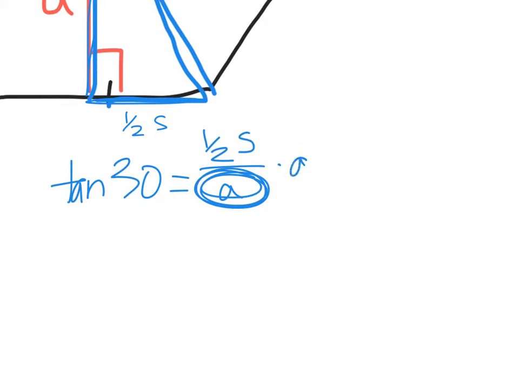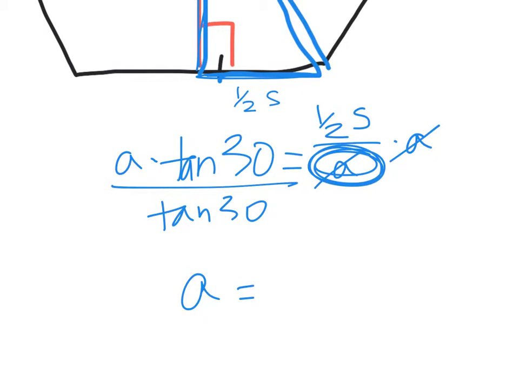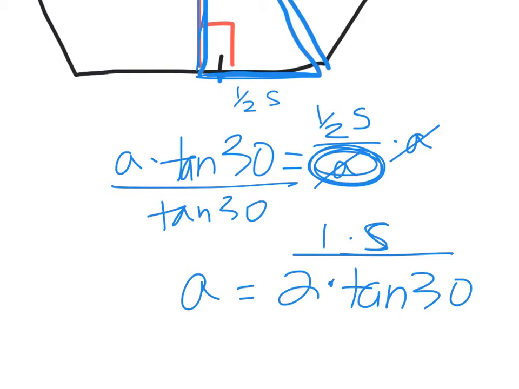So we always multiply by the denominator, which moves the A to this side, and then I'm going to divide both sides by the tangent of 30, and find that the apothem is 1/2 times, so we're dividing also by the tangent of 30, times the side length. So that is how the apothem can be found if you know the side length, by taking that side length and dividing it by 2 times the tangent of 30.